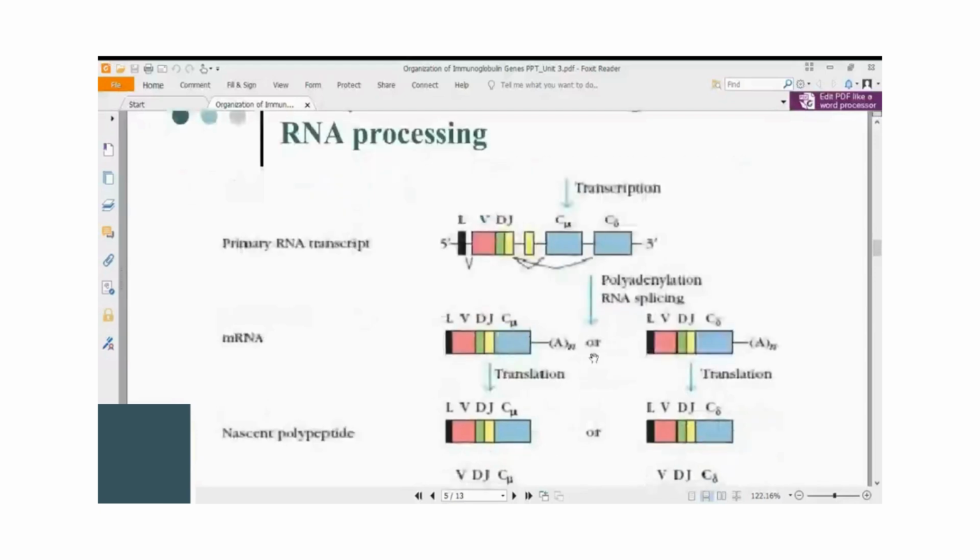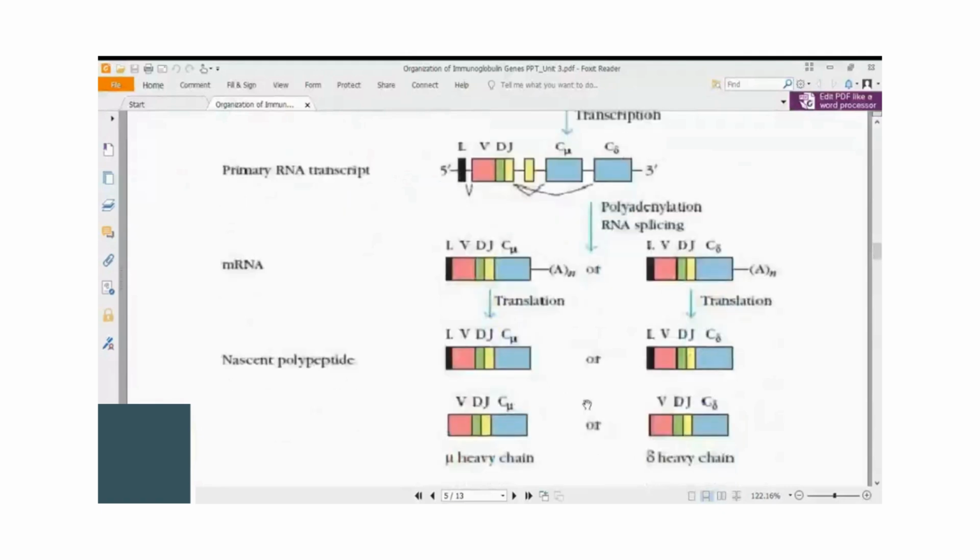Now this transcript will translate to form the peptide that will be expressed first on the B lymphocyte, which will now form a bond with the kappa chain or the lambda chain that has been expressed separately by the two different chromosomes. Now, once this forms a proper receptor on the B lymphocyte, that B lymphocyte is ready for receiving the antigen.